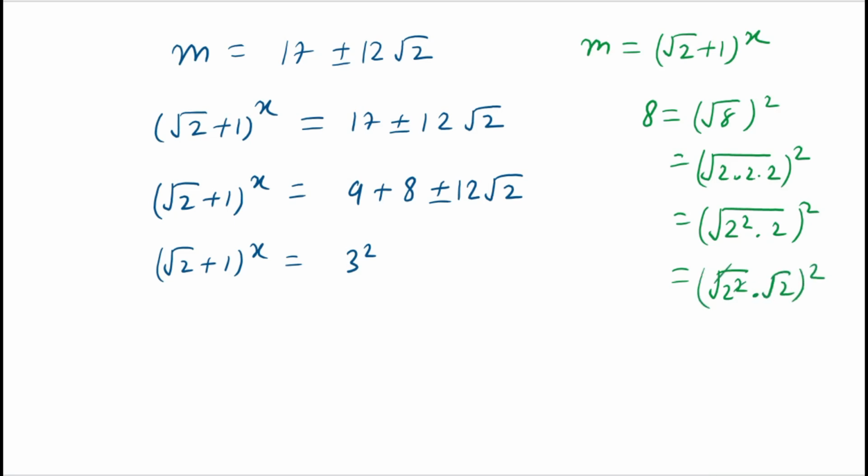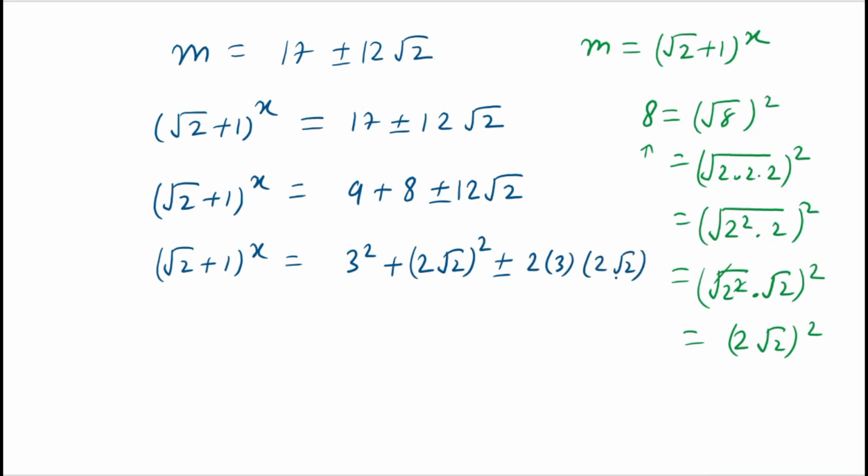This square root is cancelled out by this square, then this is the same as (2 times square root of 2) squared. So this 8 is the same as (2 times square root of 2) squared. So here this 8 is replaced by this expression (2 times square root of 2) squared plus minus 12, which is the same as 2 times 3 times 2 times square root of 2.